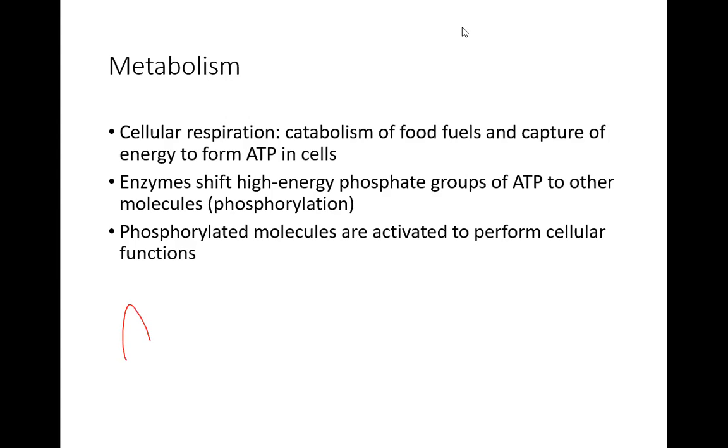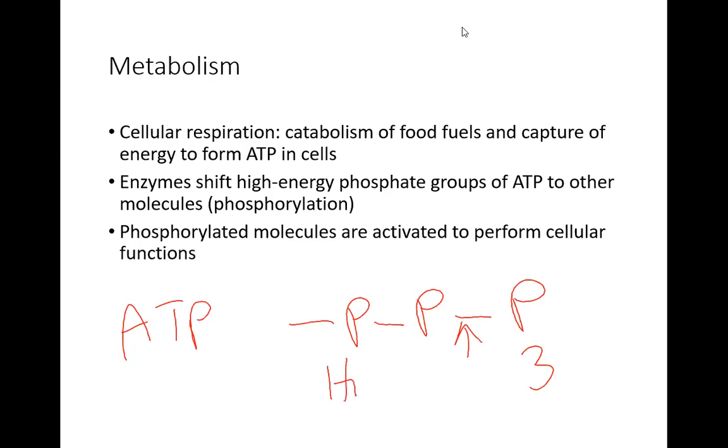The molecule ends with 1 phosphate attached to a 2nd phosphate attached to a 3rd phosphate. This 3rd phosphate is held to the first 2 by what's called a high energy bond. Right there.